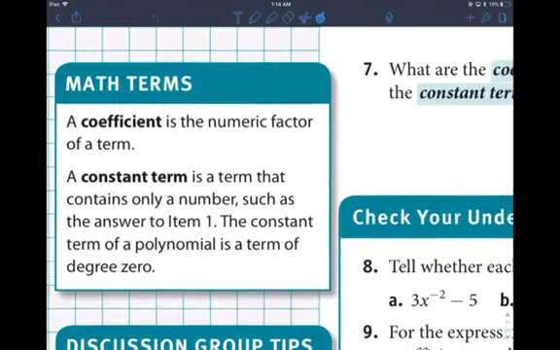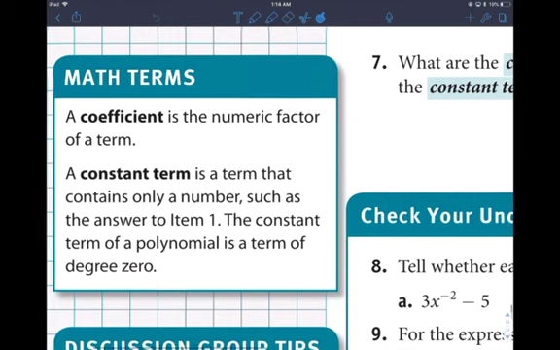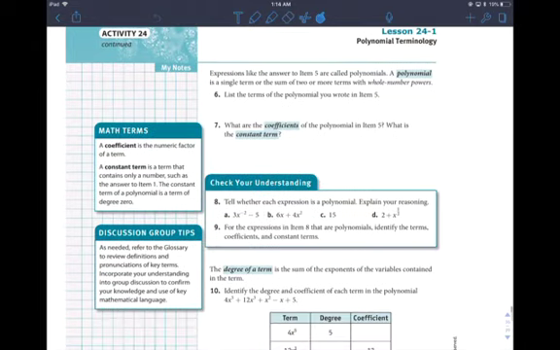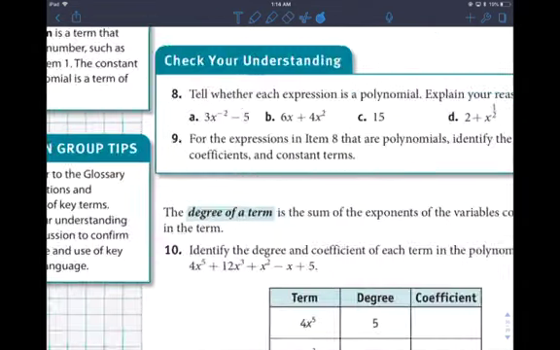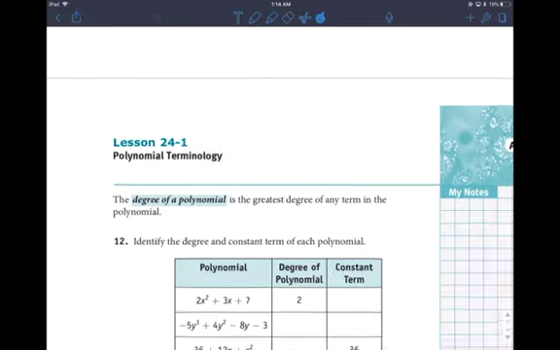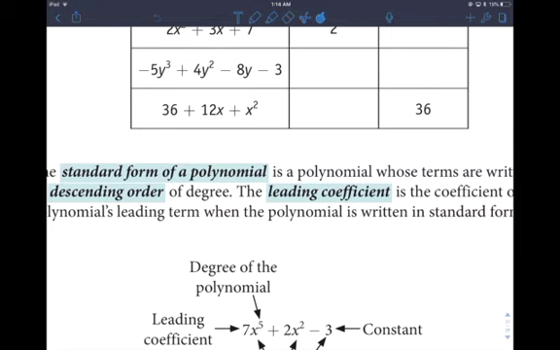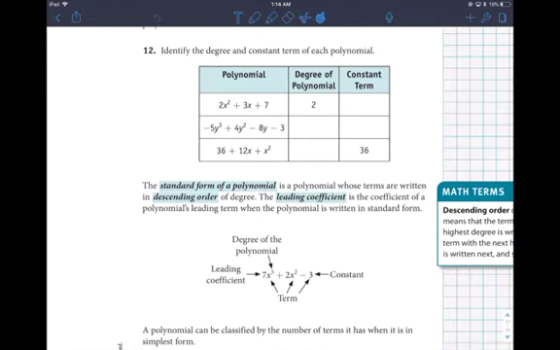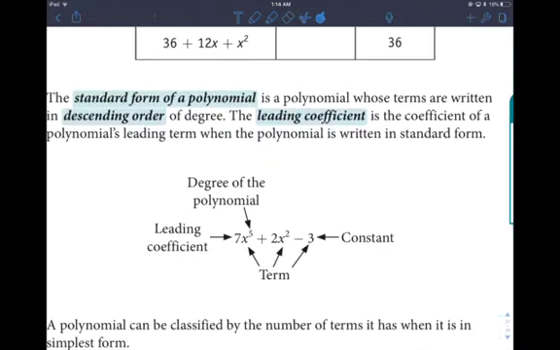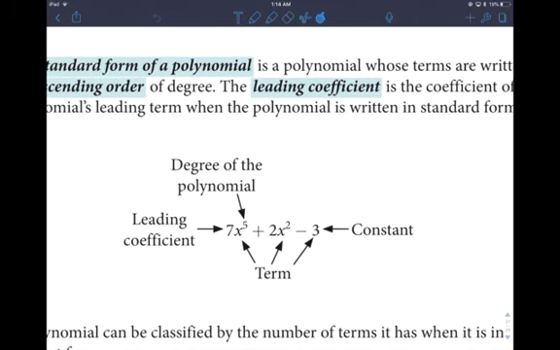So the book gives a nice definition of what a coefficient is, what a constant term is, degree of a term, degree of a polynomial, and standard form, descending order, leading coefficient, and all this stuff. So here's another example of specific terms about polynomials.